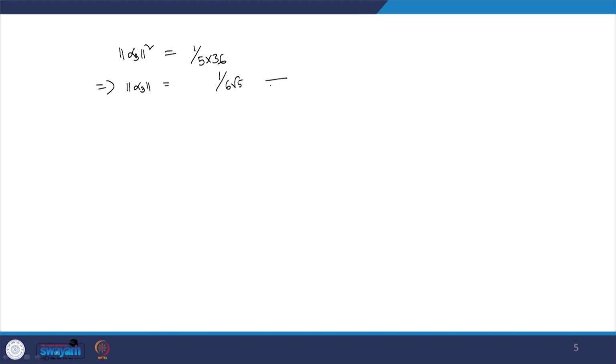Okay. So, then we can immediately calculate alpha 1 prime equal to 1, alpha 2 prime equal to root over 12 into x minus 1 by 2, and alpha 3 prime equal to 6 into root over 5 into x square minus x plus 1 by 6.